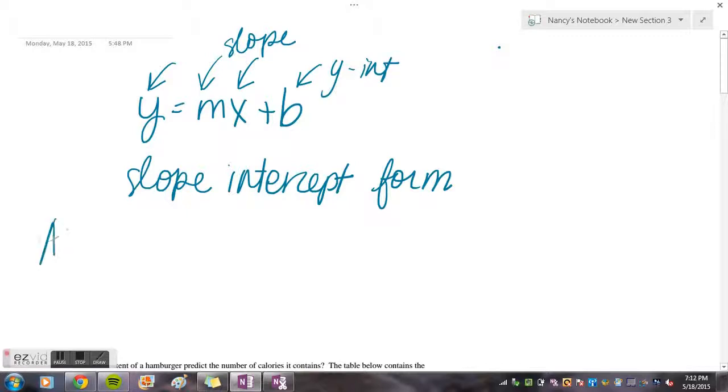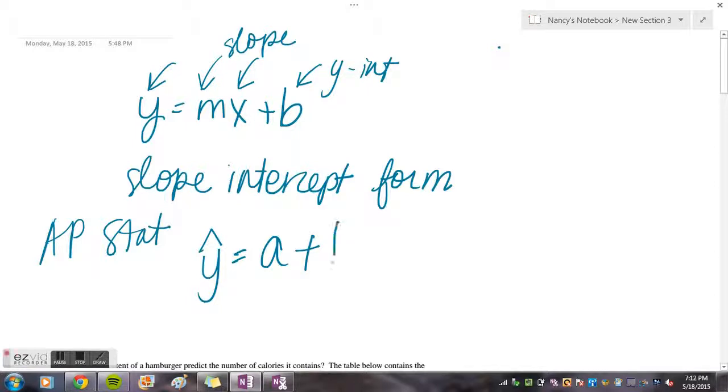But in AP statistics, we have your predicted y value, or your y hat, equals a, which is also your predicted y-intercept, plus bx, with b being your slope.